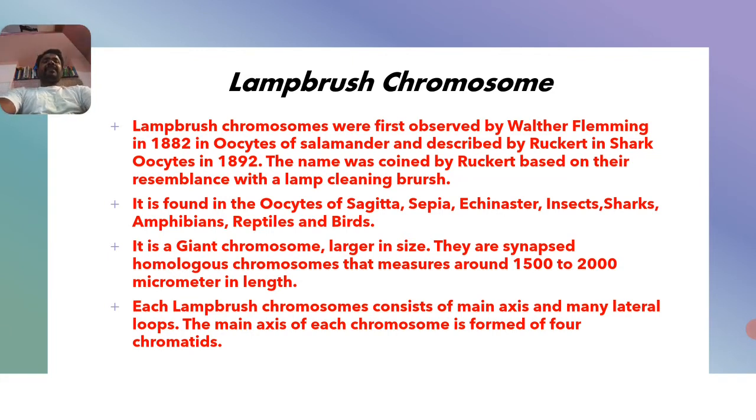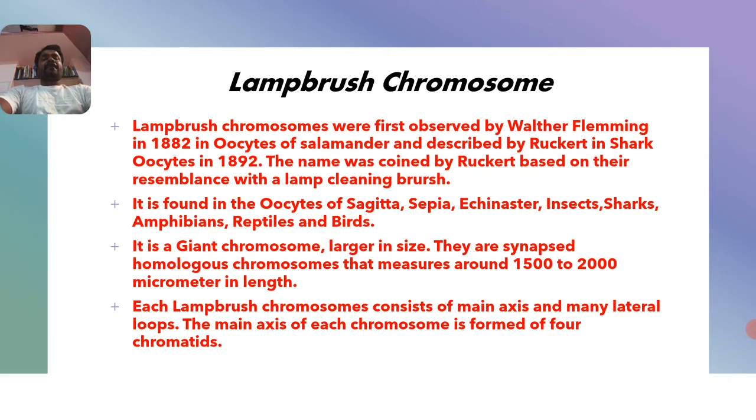Each lampbrush chromosome consists of, as already told, a main axis and many lateral loops. One main axis is present, along with many lateral loops. The main axis of each chromosome is formed of 4 chromatids. This is very important.